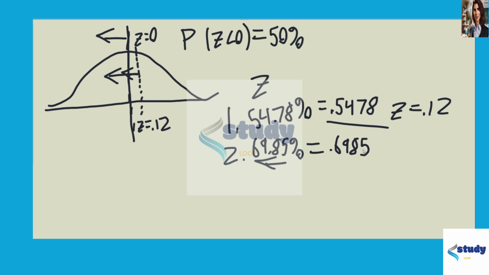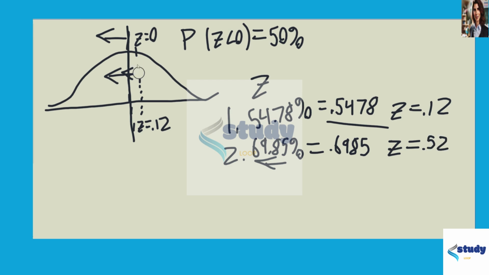So I'm going to find 0.6985 on my table. I can see it right there, up towards the top left corner of the positive z table. The z-score associated with 0.6985 is 0.52.